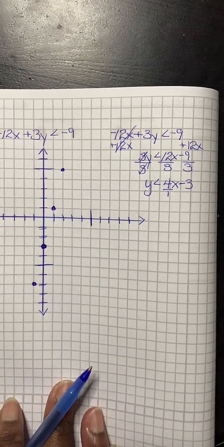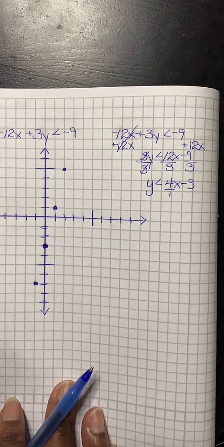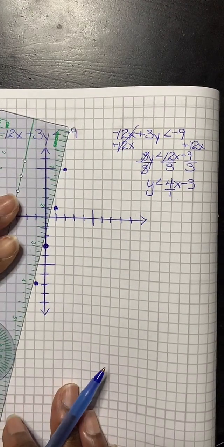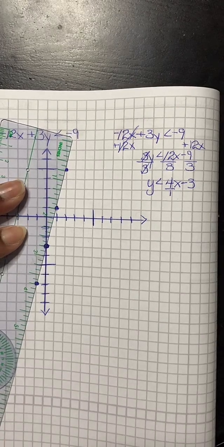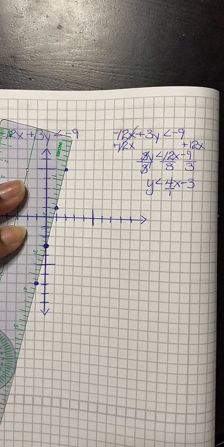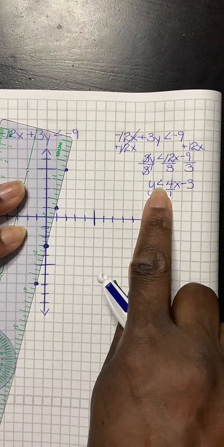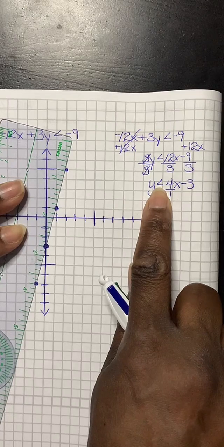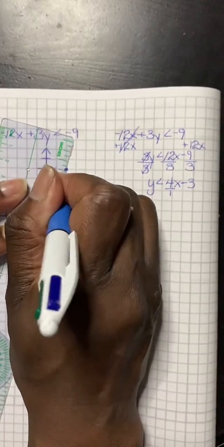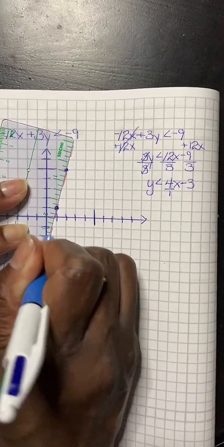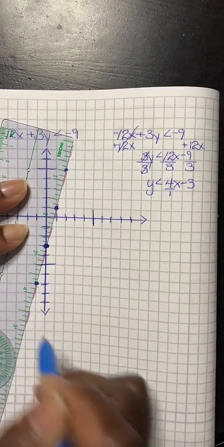So now I go to my inequality before I start drawing anything. I notice it is less than. It's not less than or equal to, it's just less than. So that means I'm doing a dashed line.